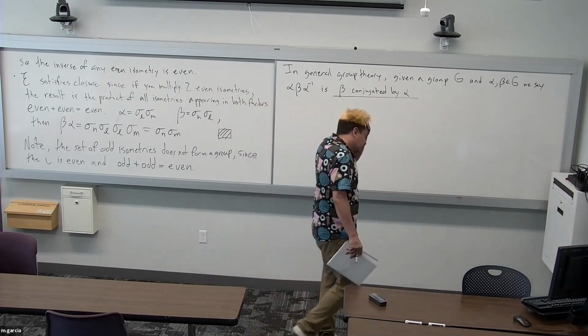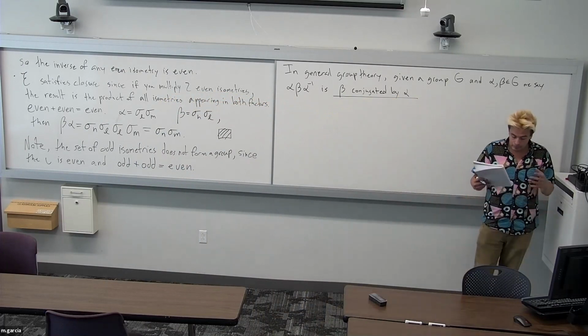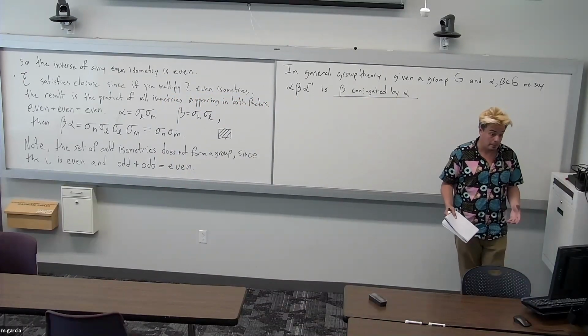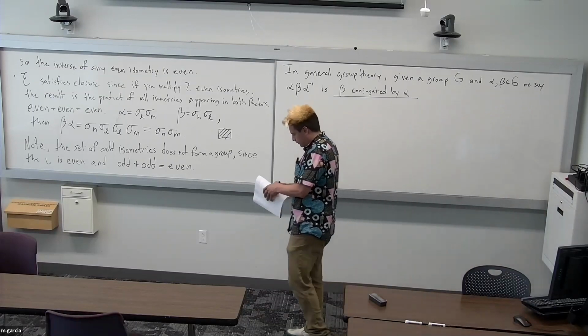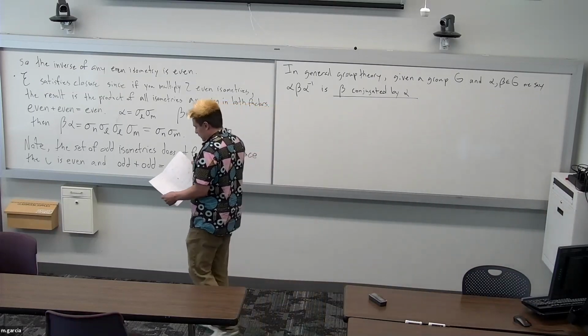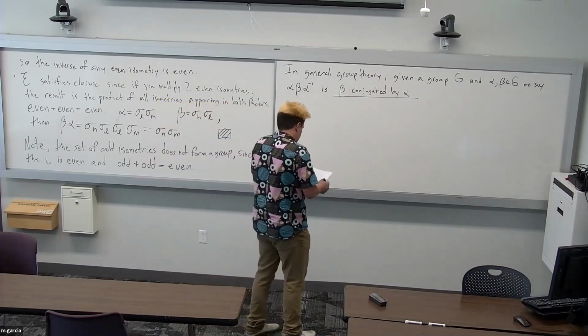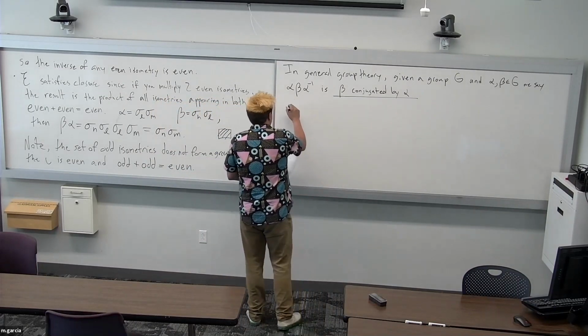So now we're going to take this general notion and provide some geometric intuition for what conjugation means in the group of isometries. So here's the theorem.